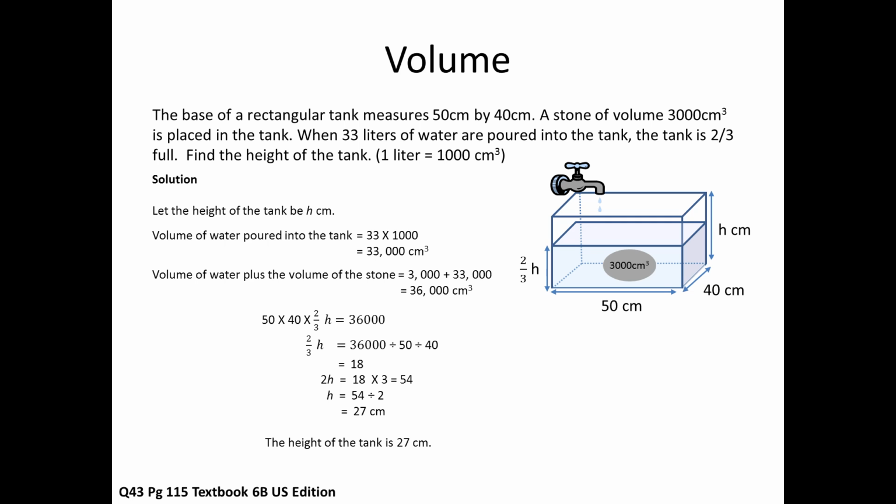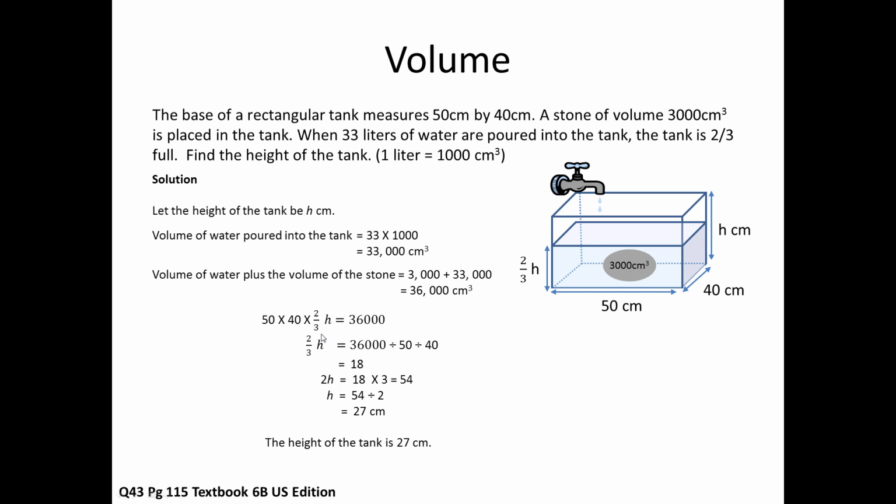To explain this, the reason is that on the left-hand side, I divide by 50, so I need to divide by 50 on the right-hand side. On the left-hand side, I divide by 40, so I have to divide by 40 on the right-hand side.